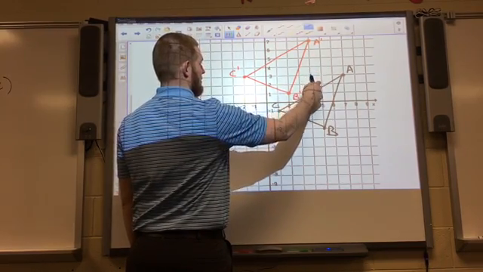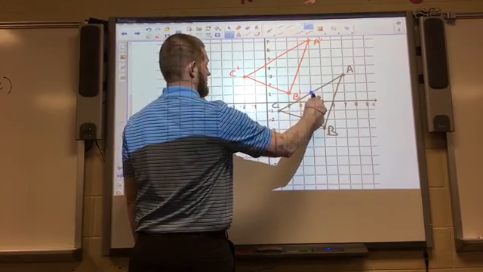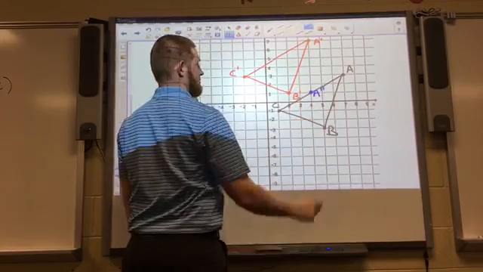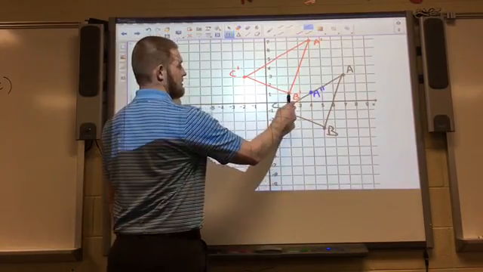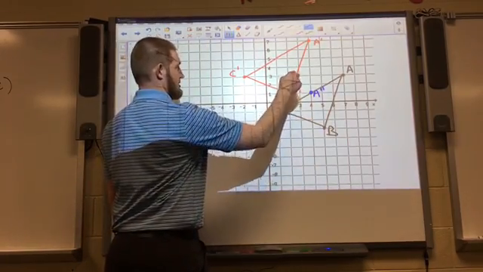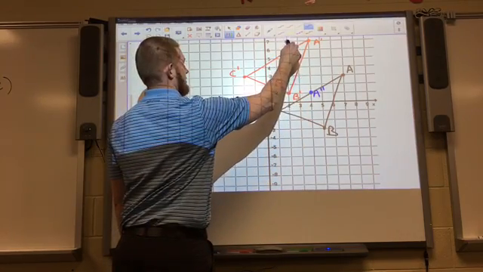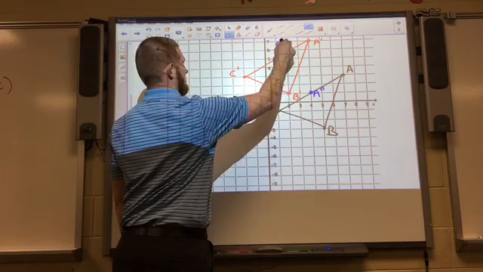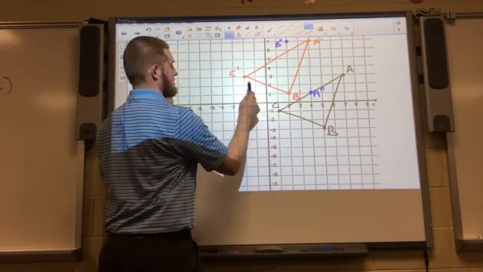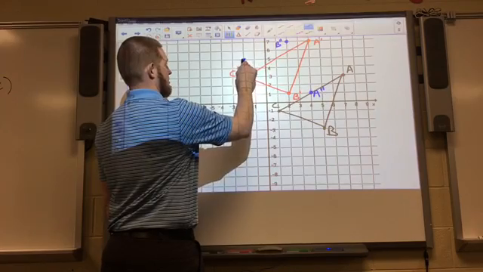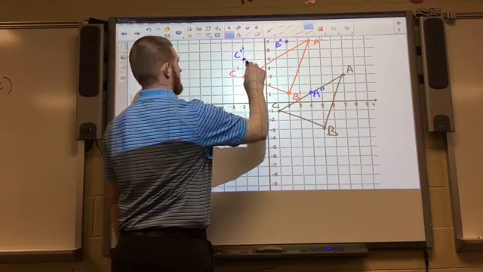So I need to go down 3. So this point would be A double prime. B is 1, 2, 3 units down. It needs to go 3 units up. So that would be B double prime. And then C is 1 unit down, so it needs to go 1 unit up for C double prime.